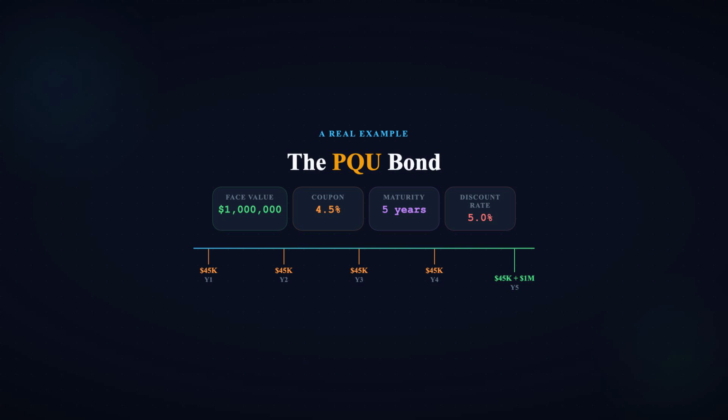Year 4. 37,021. Year 5. This is the big one. 45,000 coupon plus 1 million principal, all divided by 1.05 to the 5th power. That is 818,784. Add them all up.